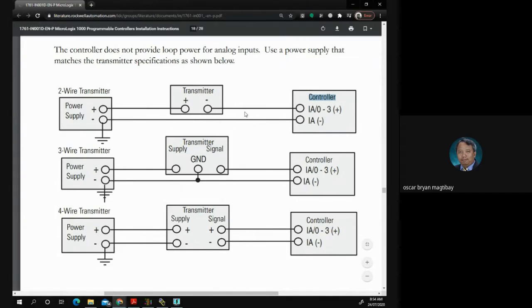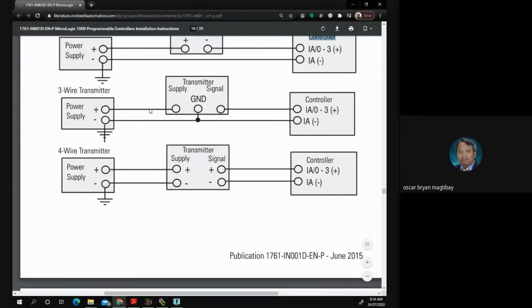When we say self-powered, for a 3-wire transmitter, the transmitter is given power by the power supply, and at the same time they have a common ground for both the controller and the transmitter. When we say controller, that is the PLC. It is self-powered because the transmitter is supplied directly by the power supply.